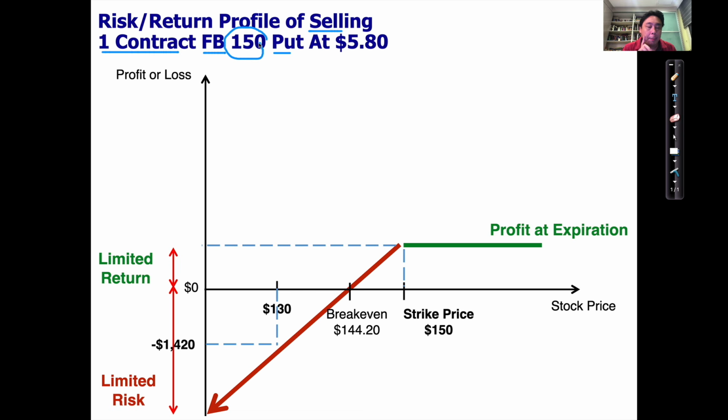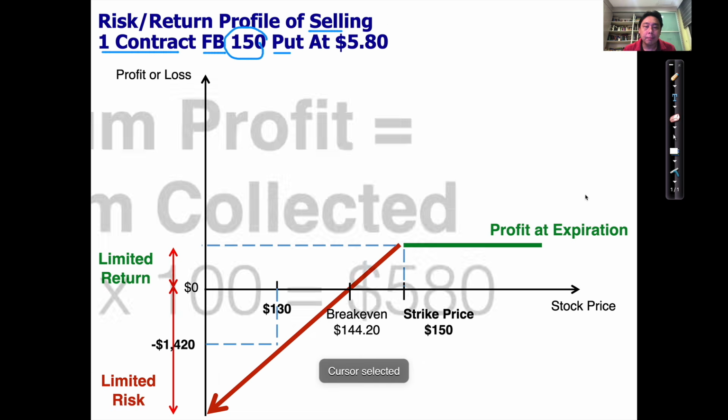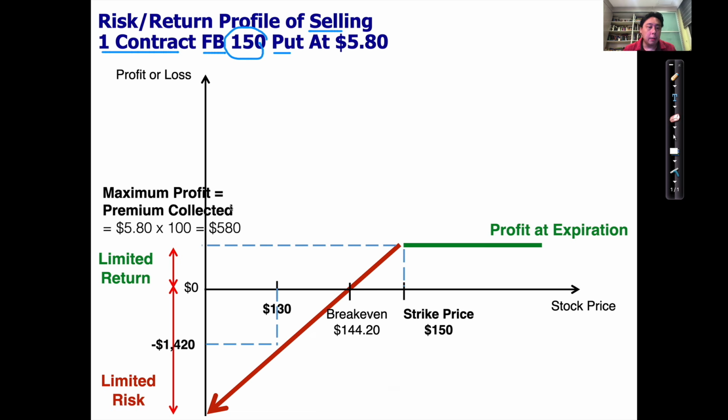And what's the maximum profit in this trade? Your maximum profit would be the premium that you collect. So in this case, the maximum profit would be the premium collected, 5.80 times 100, $580. So there we go. This is the max profit.